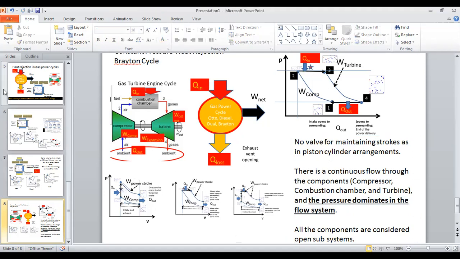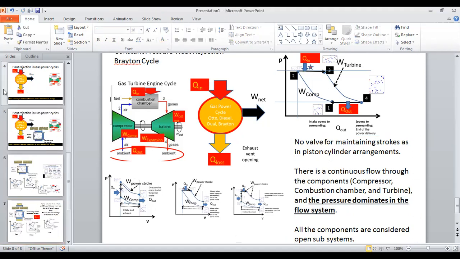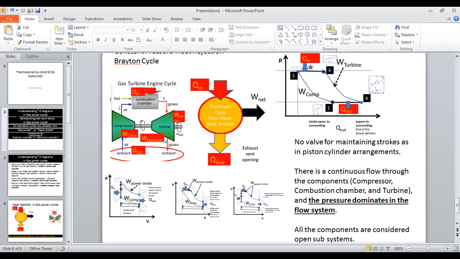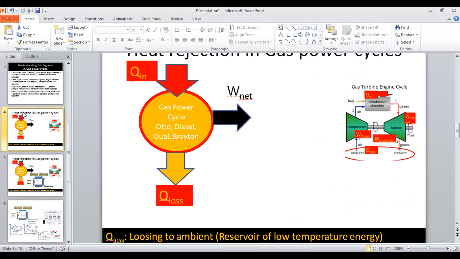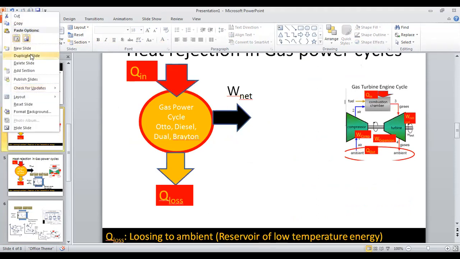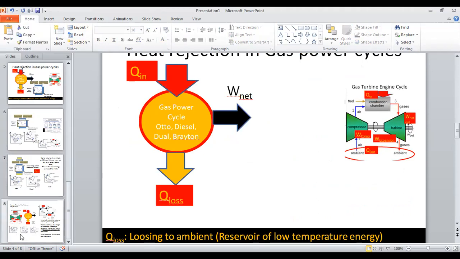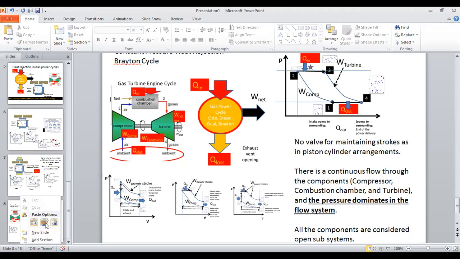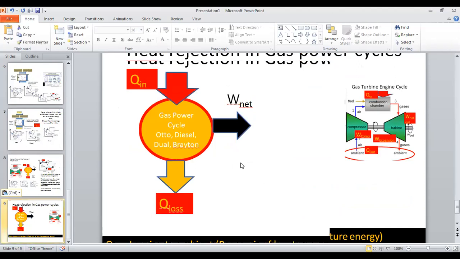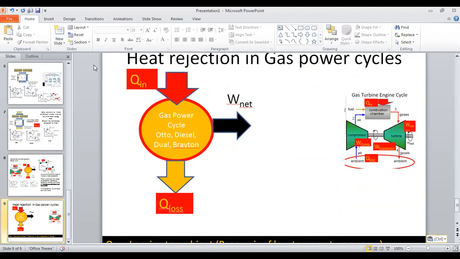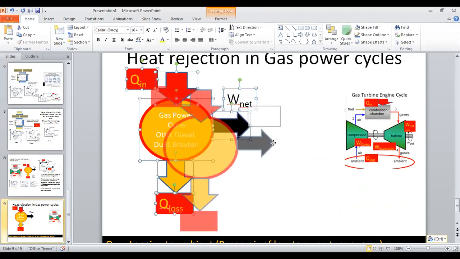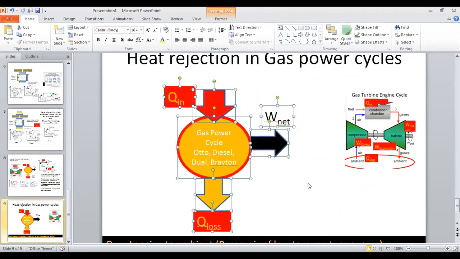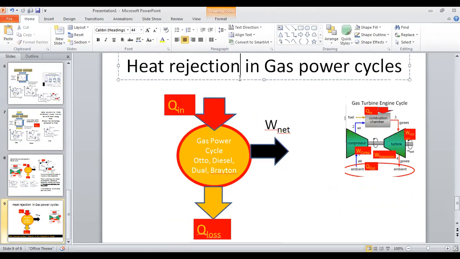So again, if I take this, not about gas power cycles.